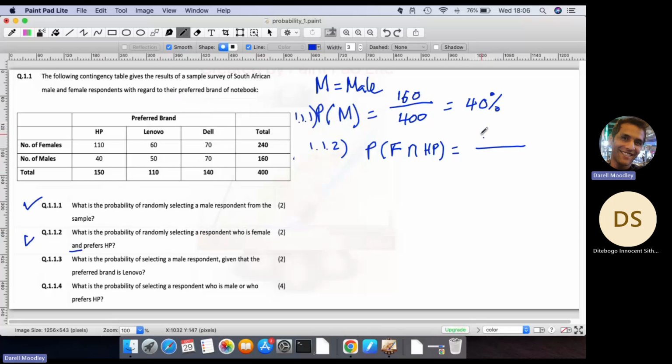The numerator is how many females prefer HP, or in other words, where do they intersect? There's HP and females in that row: 110. So it'll be 110 divided by the grand total, and that gives us a probability of 27.5%.